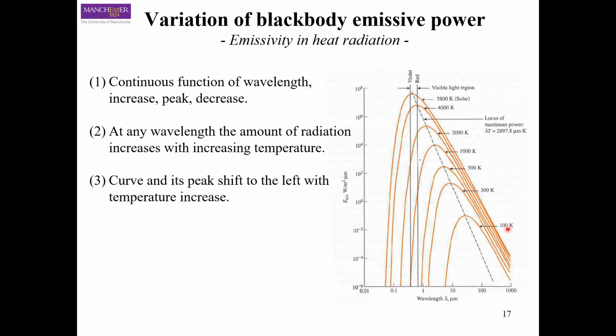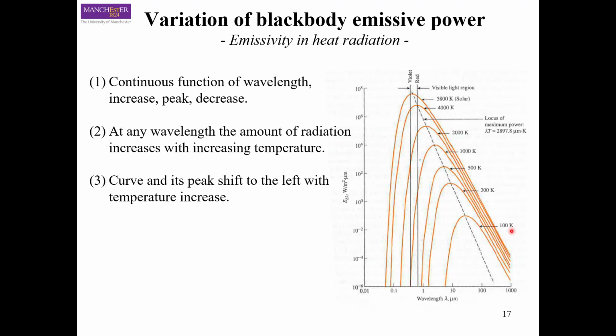Each of these graphs is at a certain temperature. There are a few things to notice here. The energy is a continuous function of wavelength. For example, for this particular temperature of 100 Kelvin, with the increase in wavelength the energy first increases, reaches a peak, and then decreases.